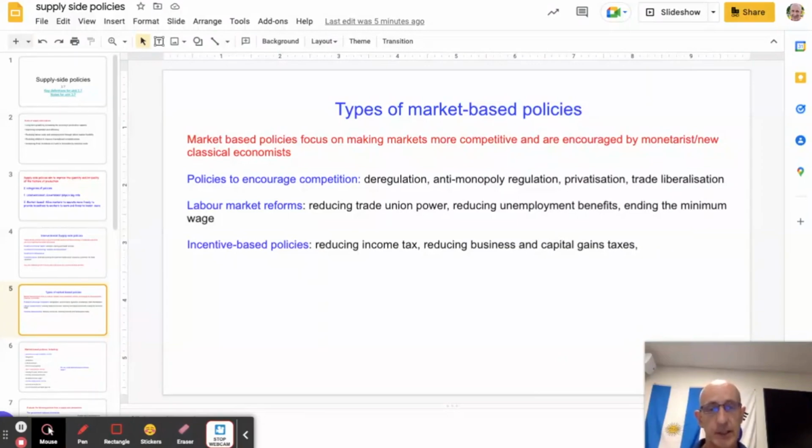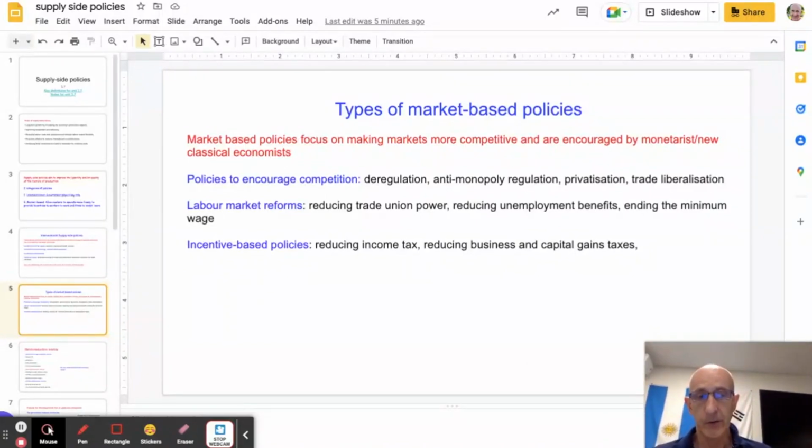So you can immediately see that there potentially are some sort of equity or equality issues with regards to labour market reforms. The suggestion that reducing unemployment benefits will encourage people to work, as we'll see in a moment, relies on the assumption that there is work available for these people to do. And in a sense, they're choosing not to because the unemployment benefits are perhaps too high.